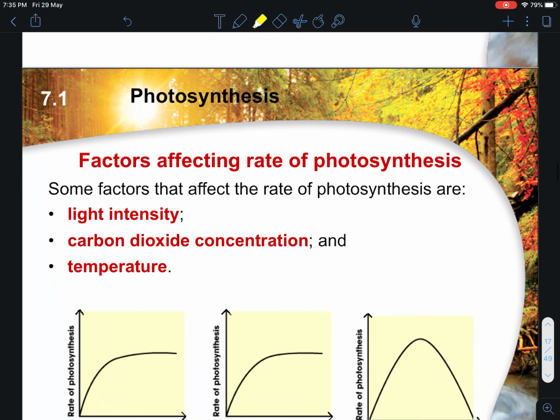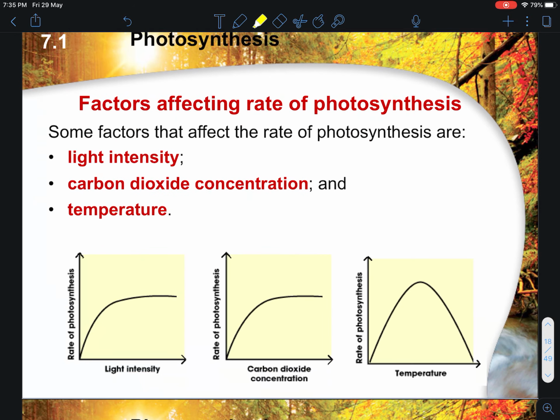Okay. There are some factors that will actually affect the rate of photosynthesis. I would urge you to remember the shape of the graph, and this usually comes out in MCQ.